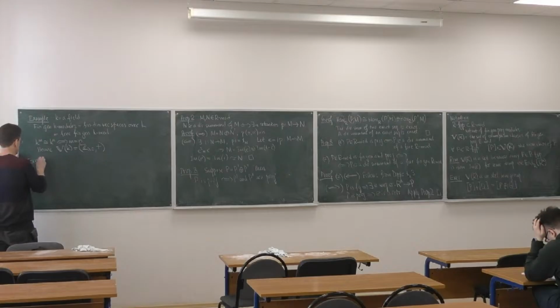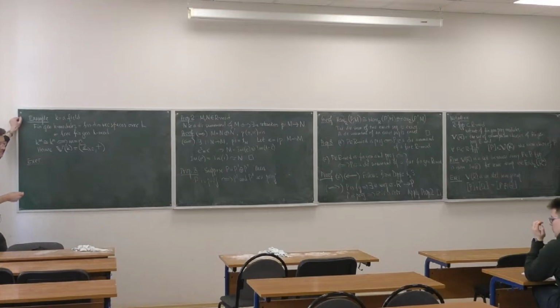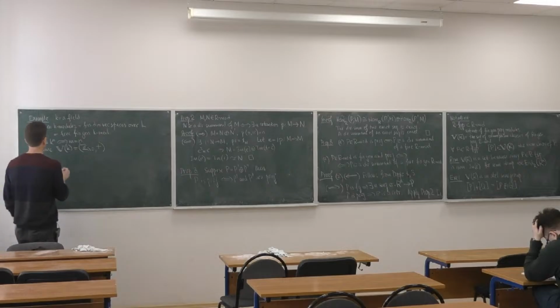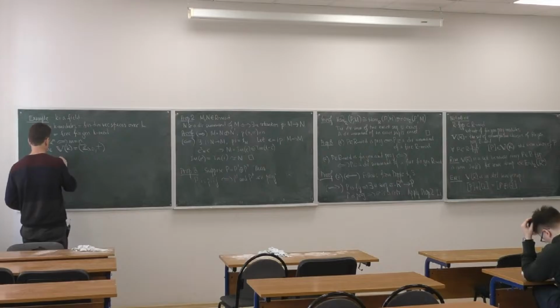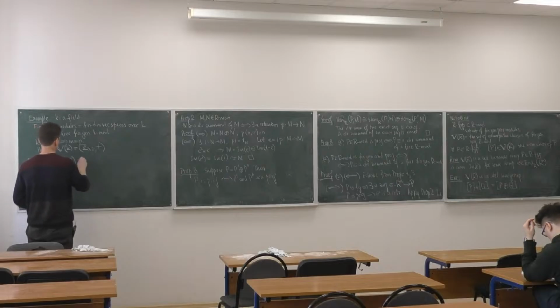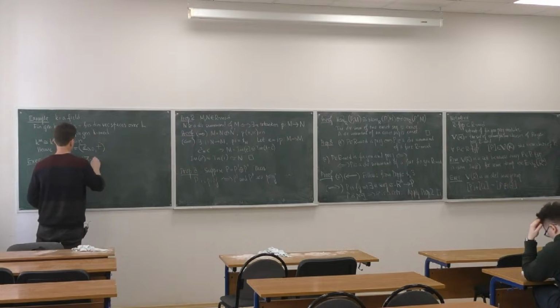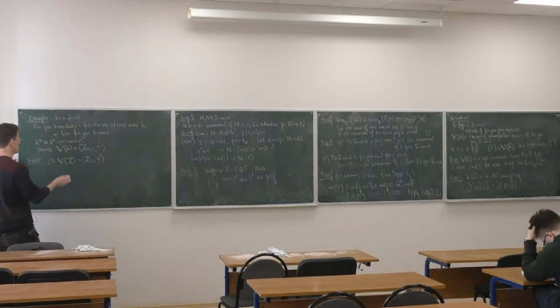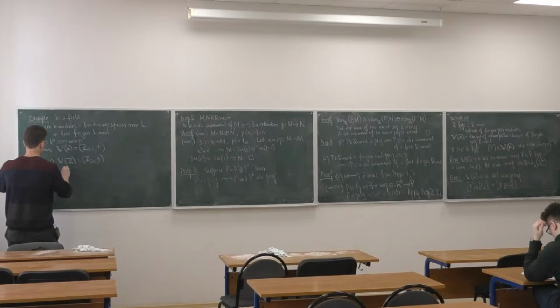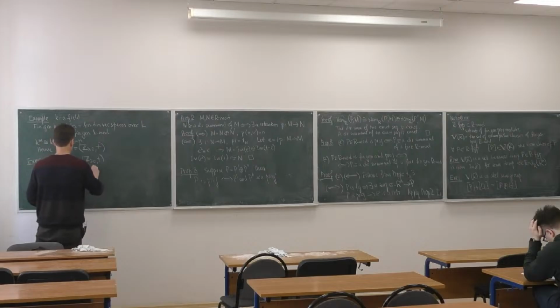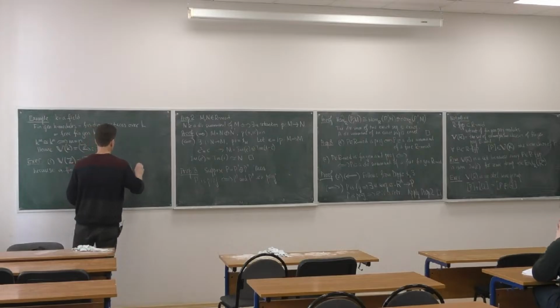In fact, and this is a standard exercise, the same is true if our ring is the ring of integers. Because a finitely generated abelian group is projective if and only if it is free.